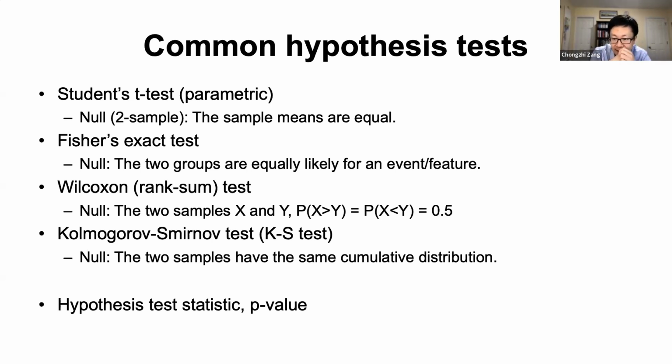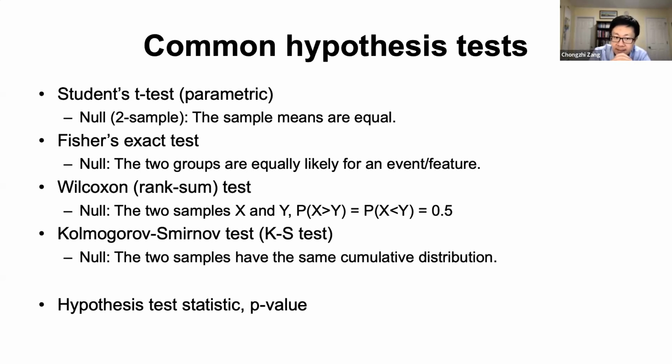Fisher's exact test is another useful hypothesis test, and its null hypothesis is that the two groups are equally likely to observe a certain type of event or to possess a certain feature. Basically, it tests whether the chance of having some feature is equal between the two groups. In other words, it tests whether the separation into groups is related to having or not having a certain feature.